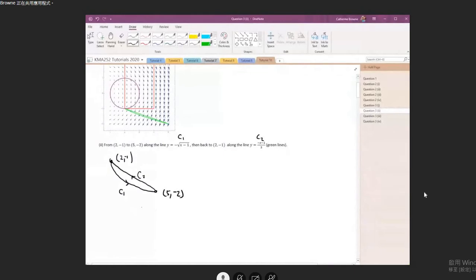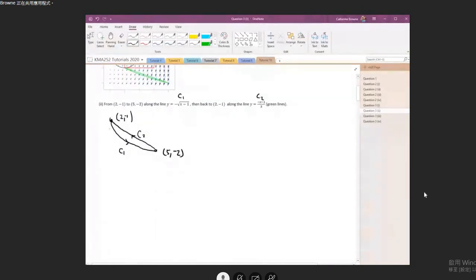So if I look at this closed integral here, that's going to be the sum over the 2 lines of each curve here.